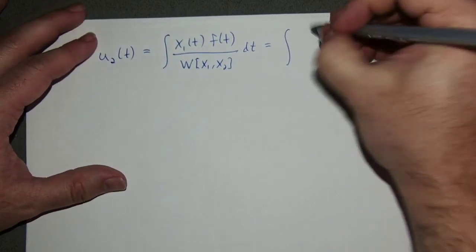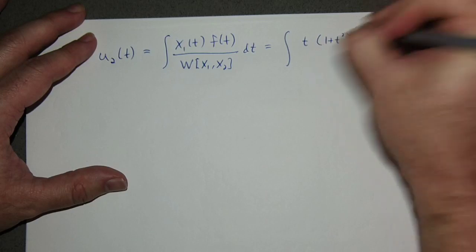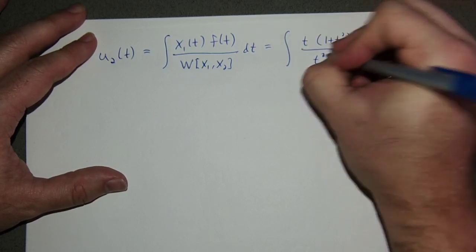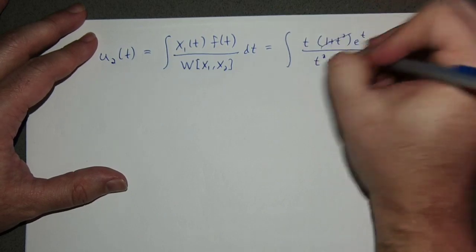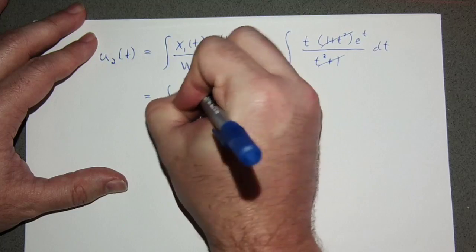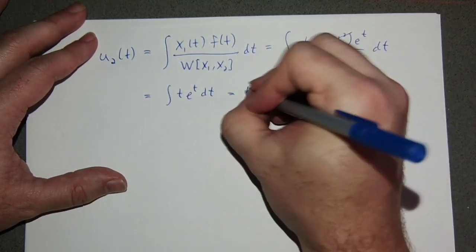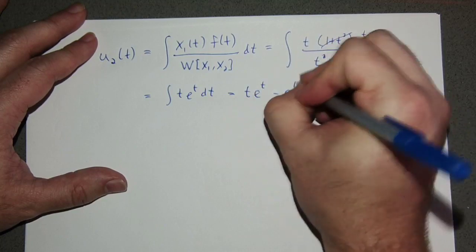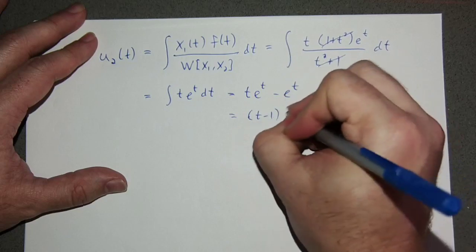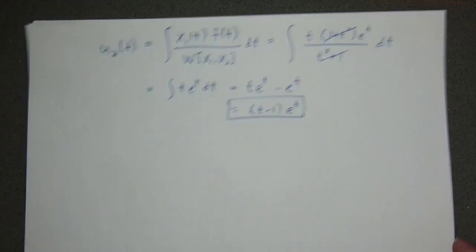So this is t times 1 plus t squared e to the t over t squared plus 1. So those cancel. And I'm left with the integral of t e to the t dt. Again, I can do this by parts, but I know what this is. So this is t e to the t minus e to the t, or t minus 1 e to the t. Right?